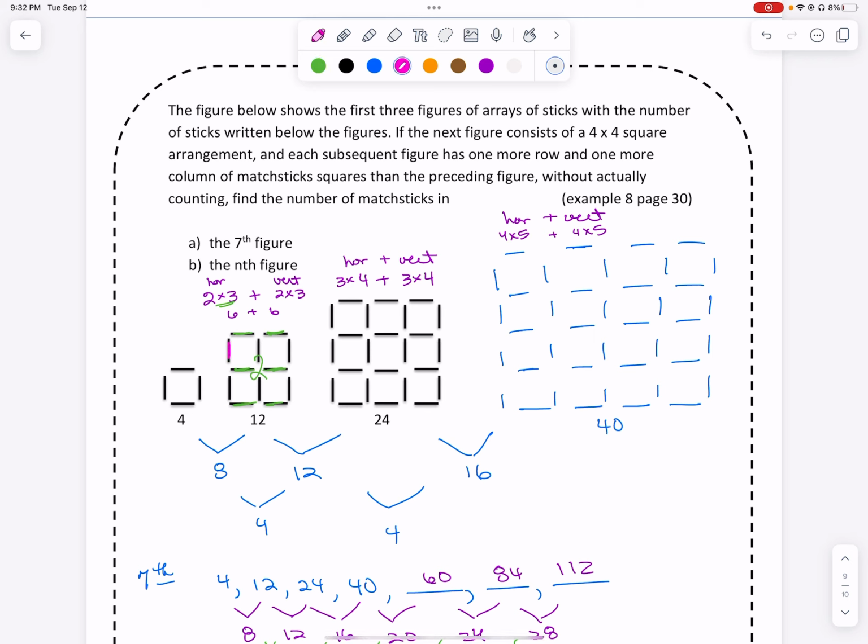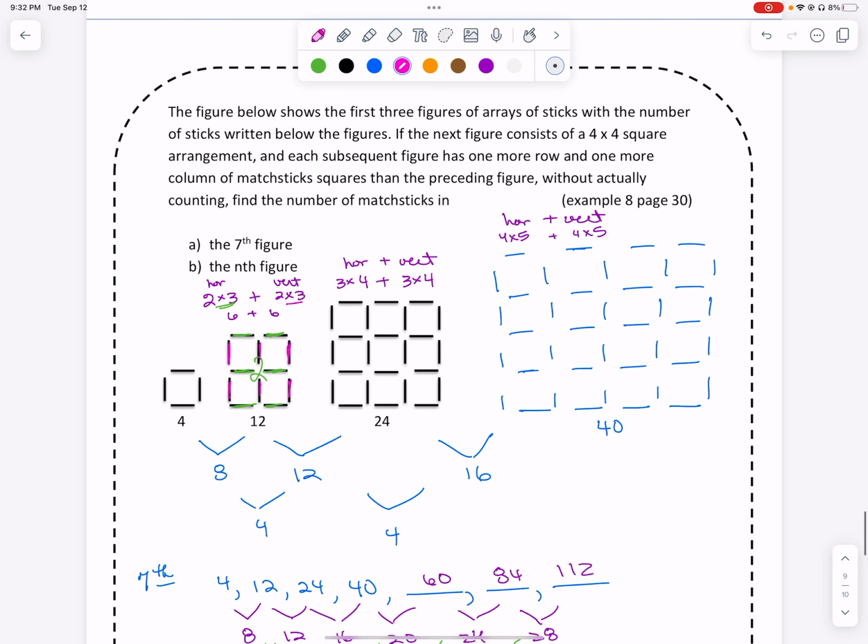Let's do the vertical. 1, 2, 4, 6. Once again, I could get that by 2 times 3. Let's look and see if it works in the third figure. Again, this time I'm going to be plugging in a 3 because it is my third figure. This would be my first figure, right? And we'll talk about that one in just a second.